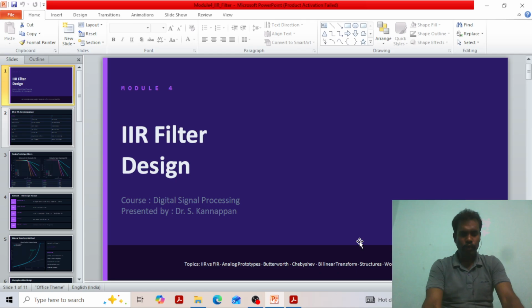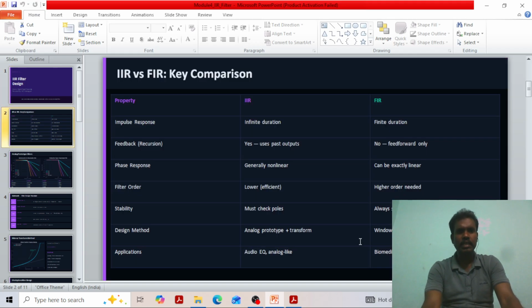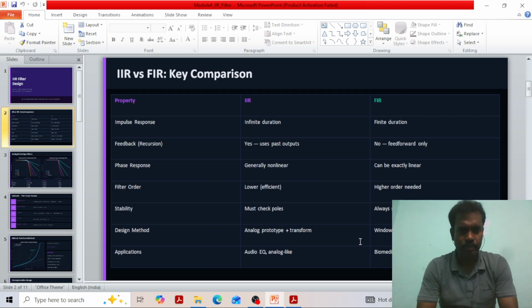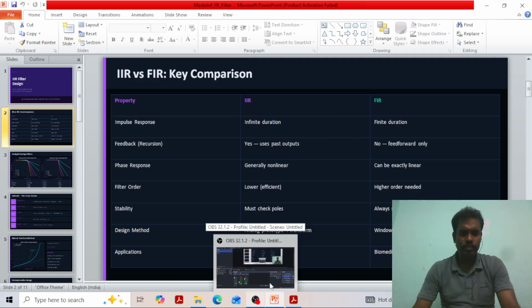Now, before going to discuss the design of IIR filters, let us see some basic differences between IIR and FIR filters. So IIR filter means, as we said, the definition itself conveys an infinite number of impulses. That is, the impulse response is of infinite duration in IIR, whereas in FIR the impulse response is finite.